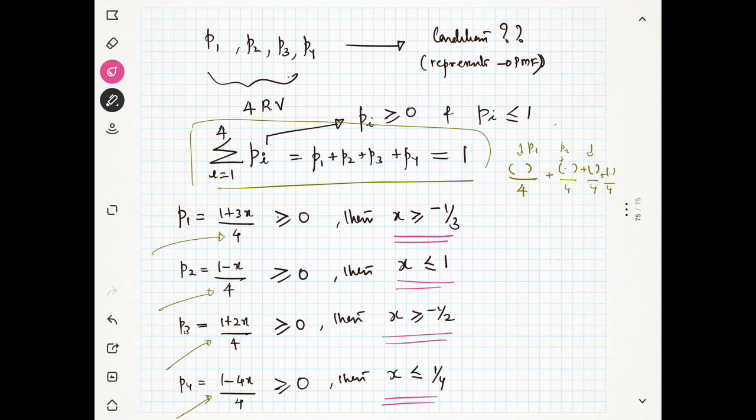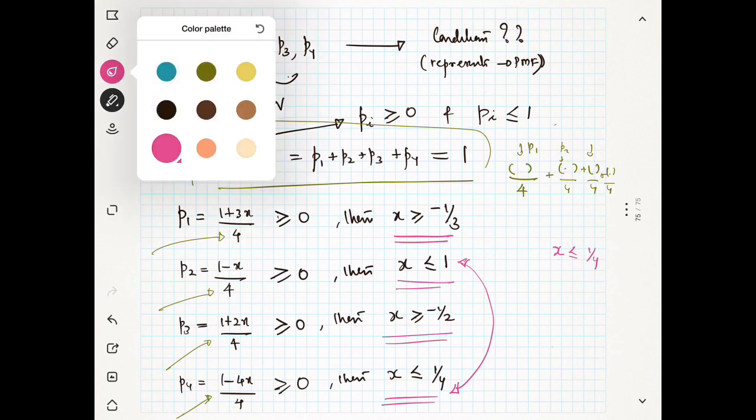If you take these conditions, x is less than 1 by 4 and less than 1. So which one will you choose? 1 by 4 is the smallest number, and if I choose a value above 1 by 4, then the condition for p4 will not be satisfied. So my x should take a value less than 1 by 4. This is my first condition.